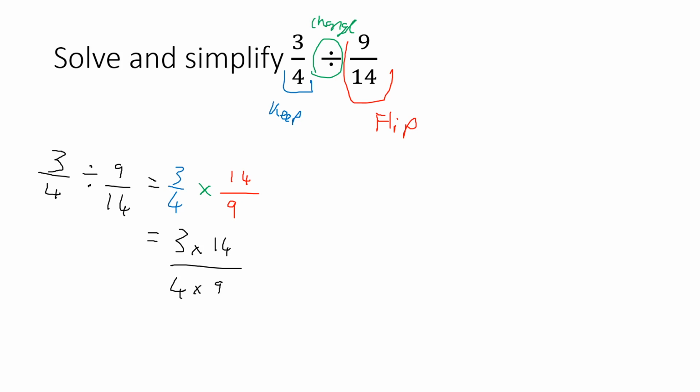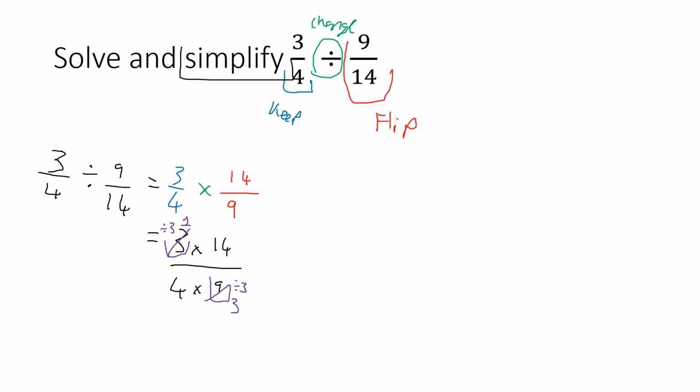Now, we also are told to simplify this. Can we simplify this right now? Do any of these numbers have anything in common? Well, as a matter of fact, they do, because 3 and 9 share a factor. So we can divide each of these by 3. What's 3 divided by 3? 3 divided by 3 is 1. 9 divided by 3 is 3.